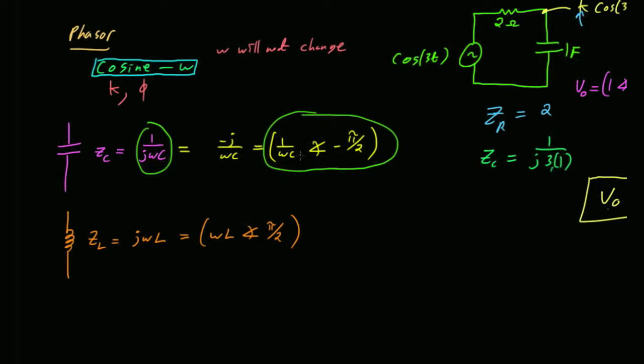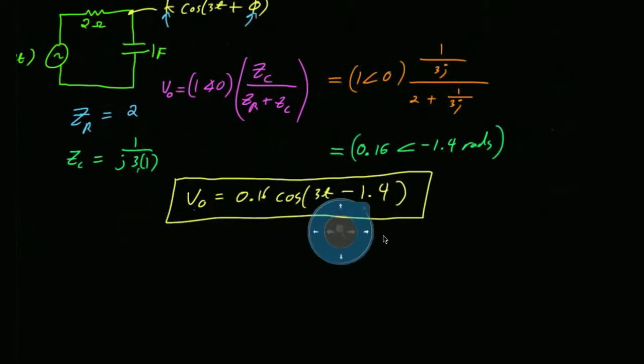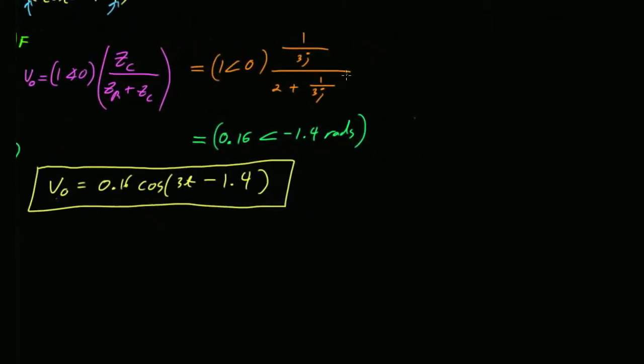So could I have reached the same answer if instead I had written this as V out equals 1 times, let's see, 1 over omega c.